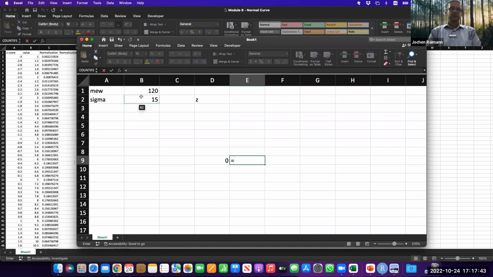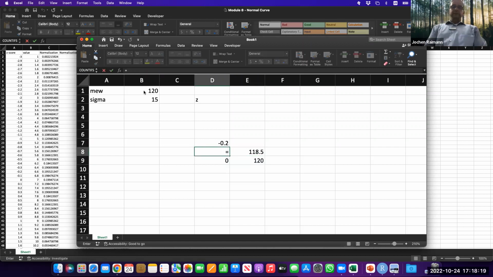A z of 0 is 120, right? So now if you want to go to minus 0.1, minus 0.2. Okay, now I'm rearranging already, that's not good. Okay, so let's do it differently. Let's do 120 minus 1.5. So that's 0.1, right?